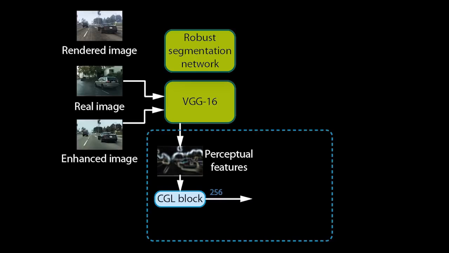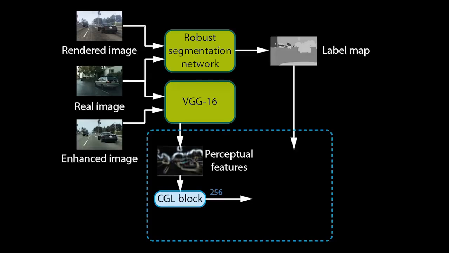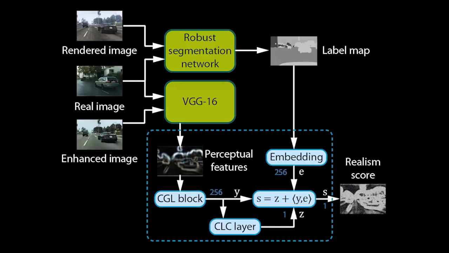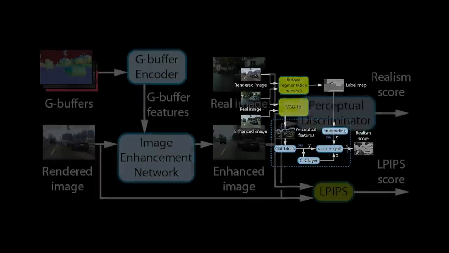Training on VGG features allows our network to quickly learn a model of realism at multiple perceptual levels. We further pass the unmodified rendered image as well as real images through the segmentation network to obtain a label map for each. The label map is used to specialize the discriminator on individual object classes. Since we use a pre-trained, robust segmentation network, the object classes are consistent for rendered and real images. For more details, we refer to our paper.